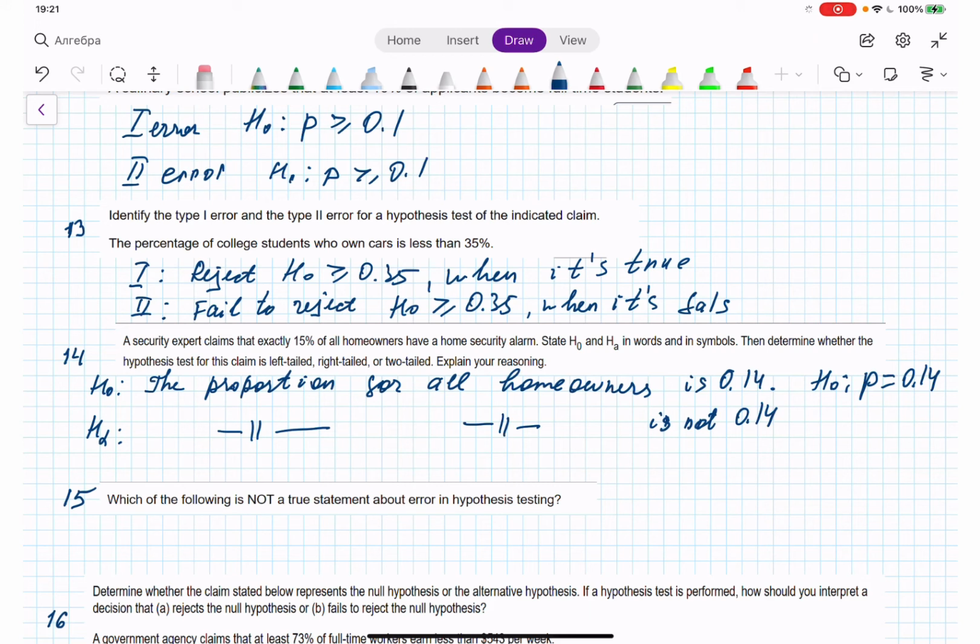Okay? So therefore, the alternative is P is not equal to 0.15.